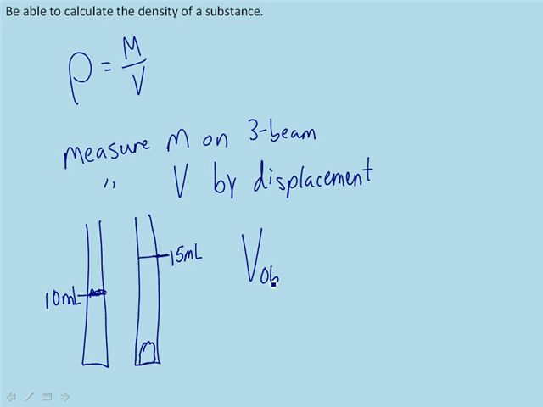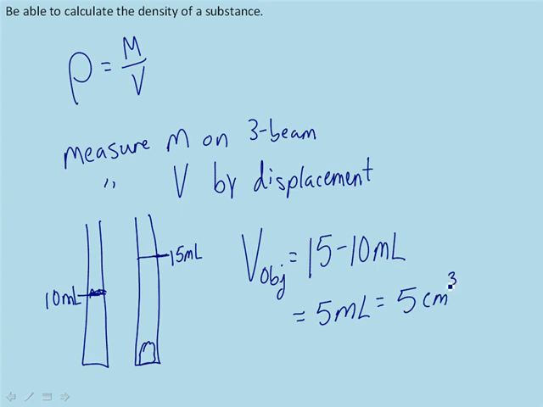So the volume then of your object is equal to the volume of the displaced water, and that is 15 minus 10 milliliters, which is 5 milliliters, but that's equal to 5 cubic centimeters. So if your mass was 3 grams, for example, or whatever it is, divided by 5 cubic centimeters, then you would have 0.6 grams per cubic centimeter.